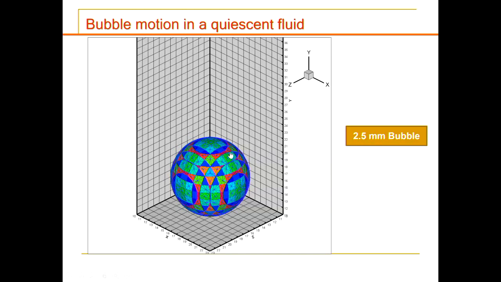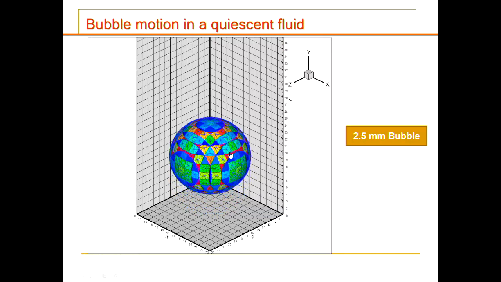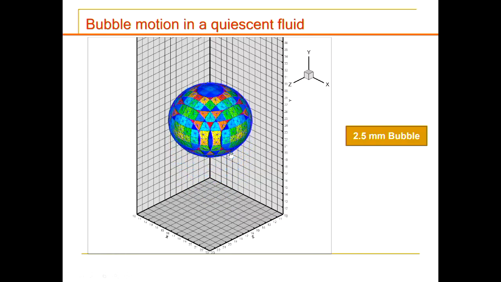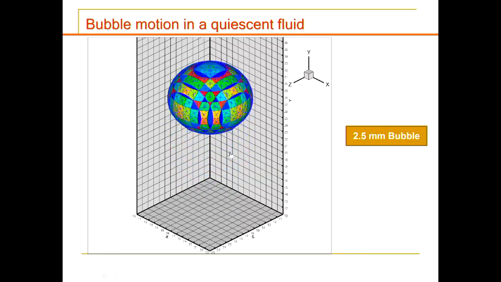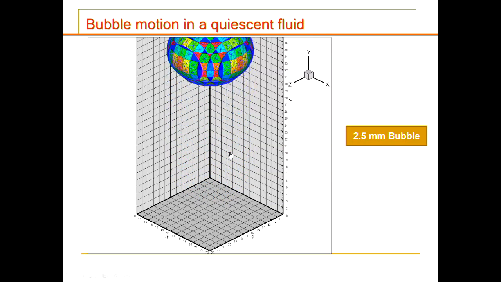Does it stay spherical or deform? Elongated? Let's see. It is going to turn into an ellipsoid. You can see that the front and the bottom are a bit squashed. It's becoming more of an ellipsoid at the end of the day, for 2.5 millimeters.